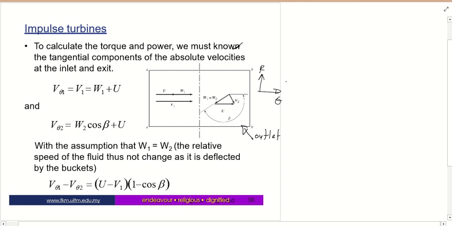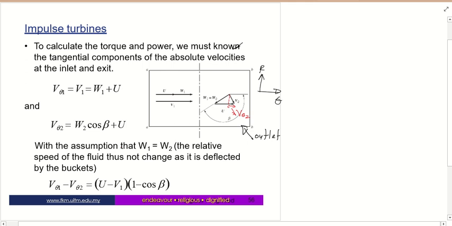V theta 2 equals W2, the relative velocity at the outlet, times cos beta, plus U, the blade speed.